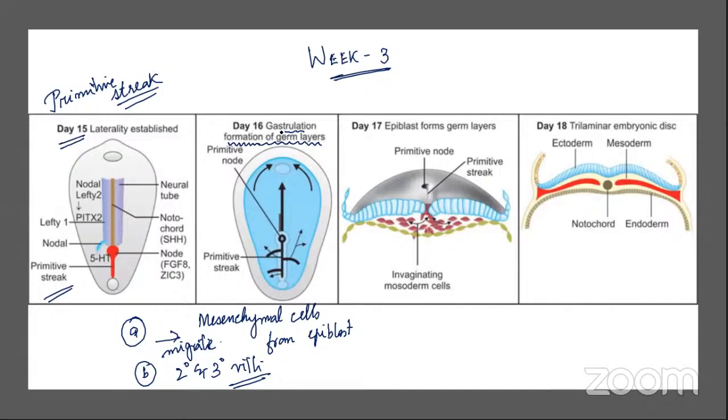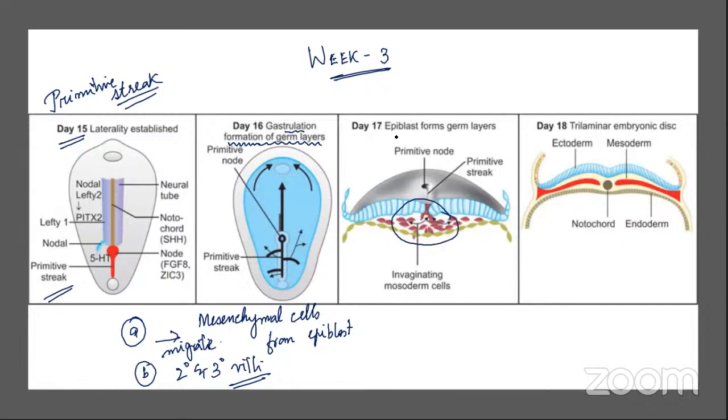Now this was about day 16. Coming to day 17, over here, we have a primitive streak, right? From the primitive streak, the cells will migrate. You can see right over here, this particular part is the primitive streak, and the violet or maroonish color cells are migrating.